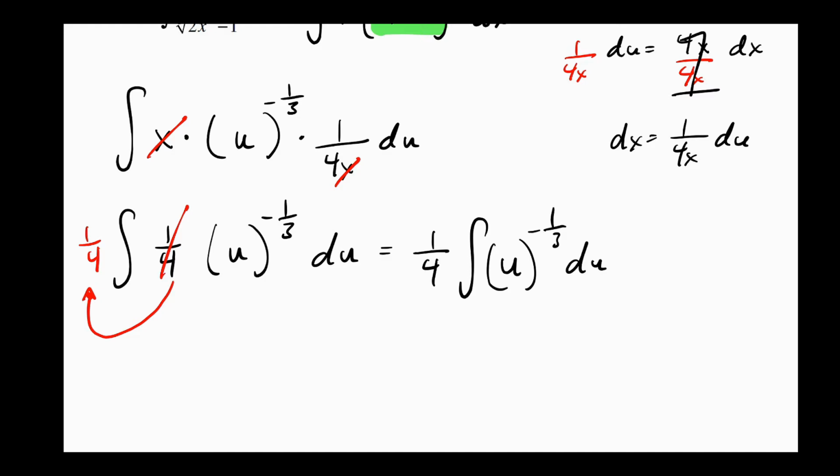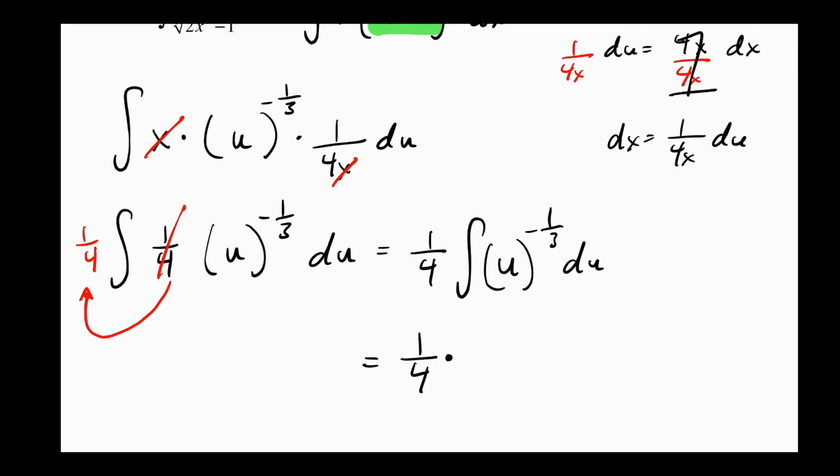Now I can find the antiderivative using power rule. So it's going to be 1/4 times, okay, I'm adding 1 to the power. So when I add 1, I get 2/3. So I get u to the 2/3. And then I got to divide by the new power, which is 2/3.